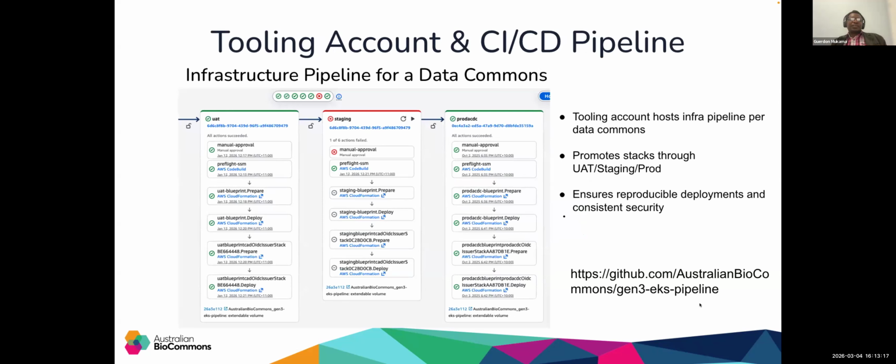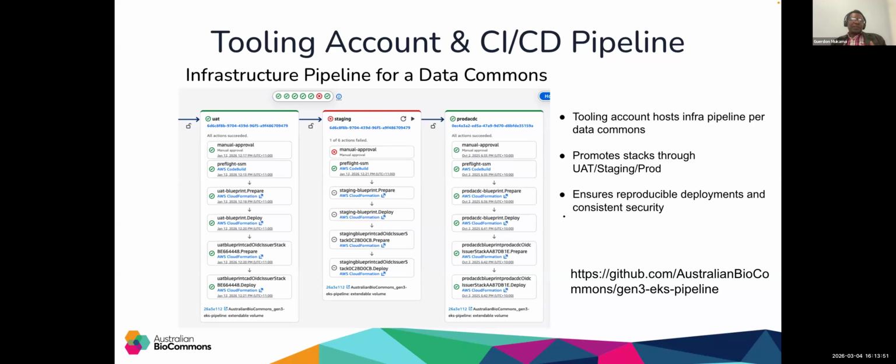So this is a screenshot which shows the actual pipeline from one of our Gen3 data commons. You can see from left to right the pipeline promoting infrastructure changes through multiple environments, in this particular deployment UAT, staging, and production. In each stage, it includes pre-flight checks.